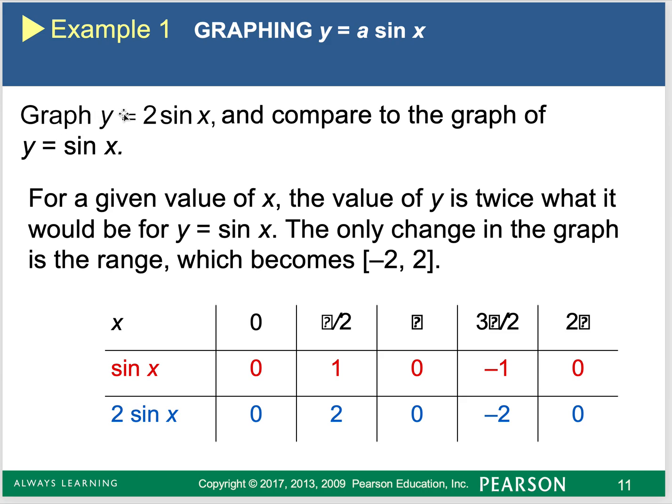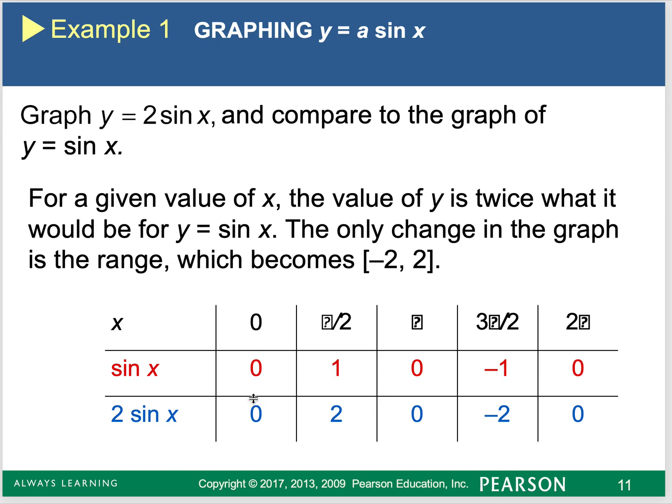I can start altering these graphs by putting things in front of them or inside the parentheses. Any value in front of a trig function is going to change the amplitude, meaning how high or low the graph goes. So for y equals 2 sine x, I'm multiplying every output by 2.